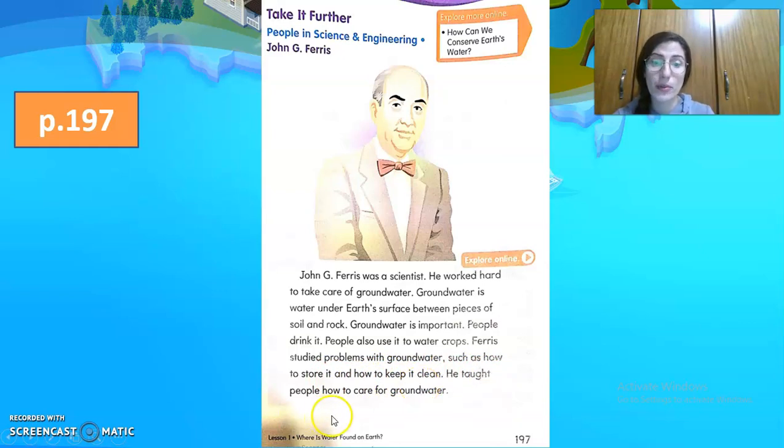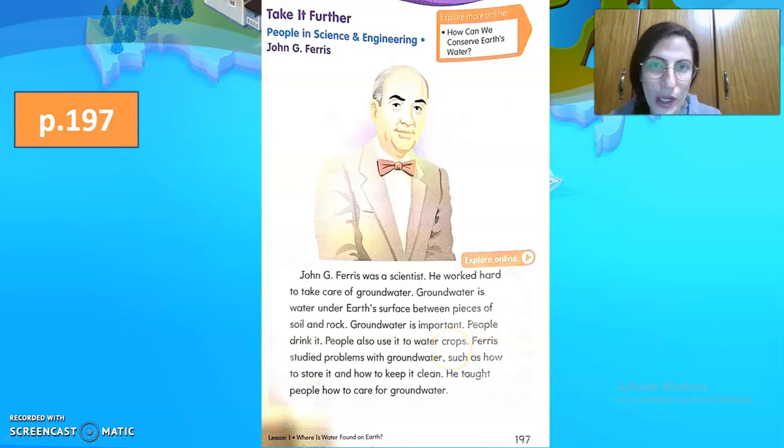He taught people how to take care or how to care for groundwater. Okay? Why? Because it is really important that people can use it to drink and they can use it as well to water their plants, also known as crops. Okay? Plants are crops, crops are plants.